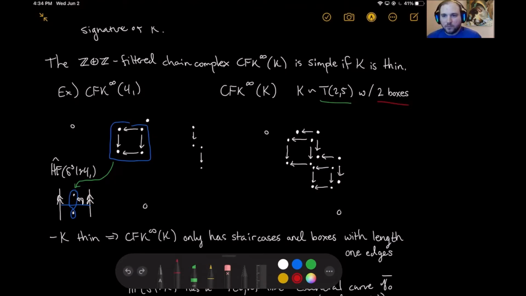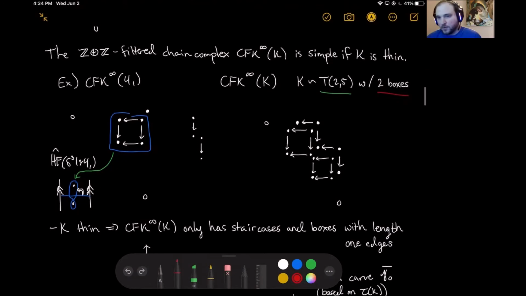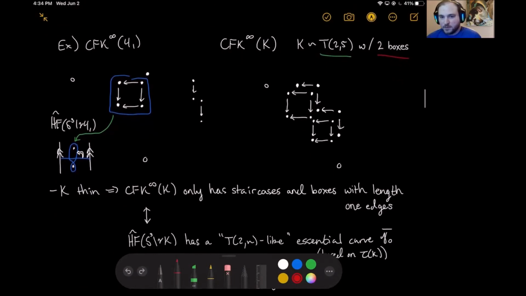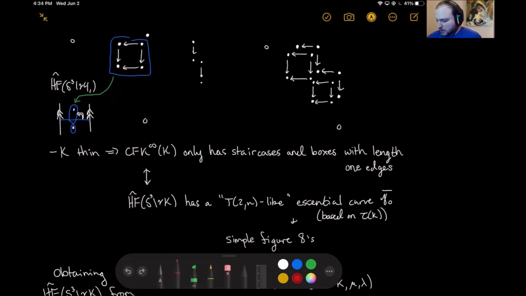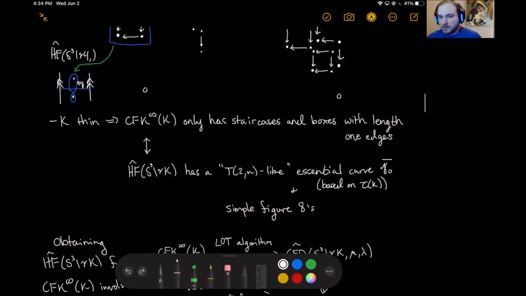And this simple form makes forming the curve invariant fairly simple and also easy to work with. So just to capture that, the full knot Floer complex in this case for a thin knot has only staircases or boxes, and they're all length 1 edges, so they're condensed.